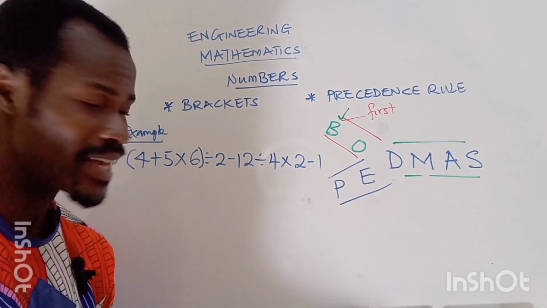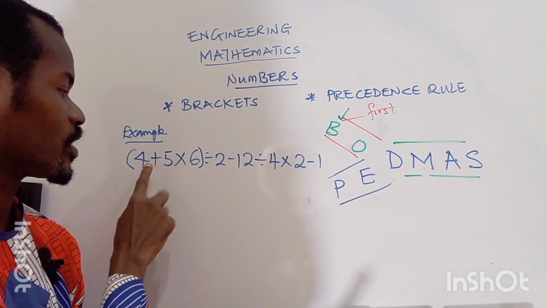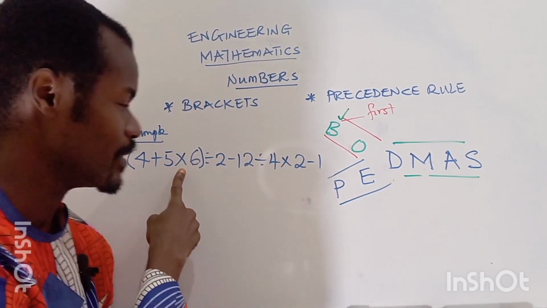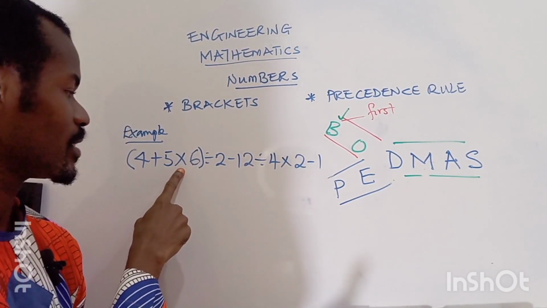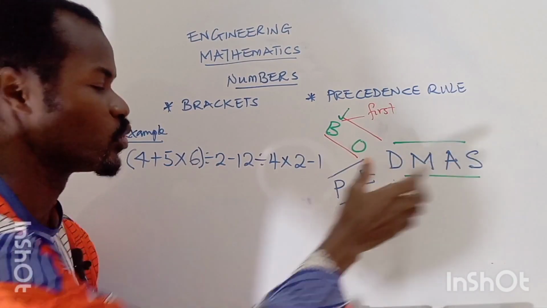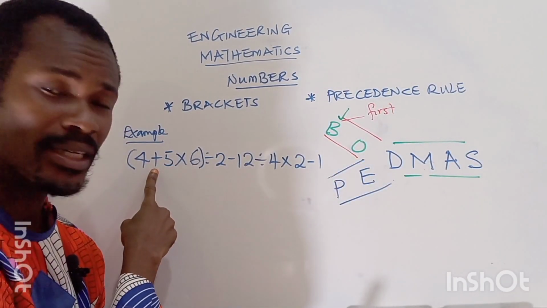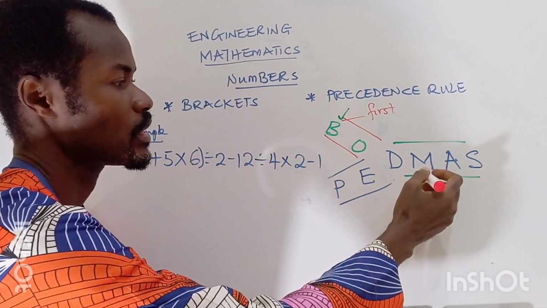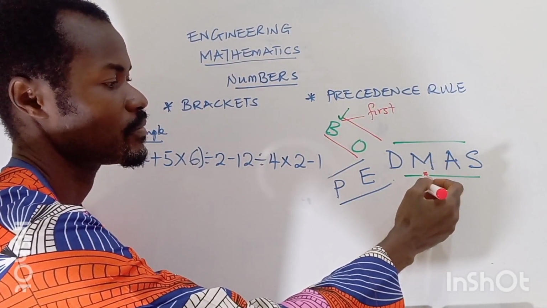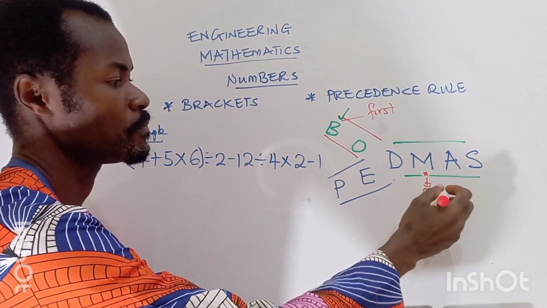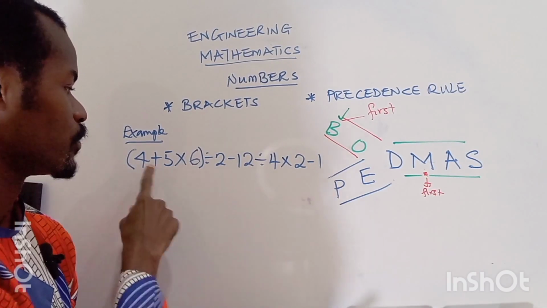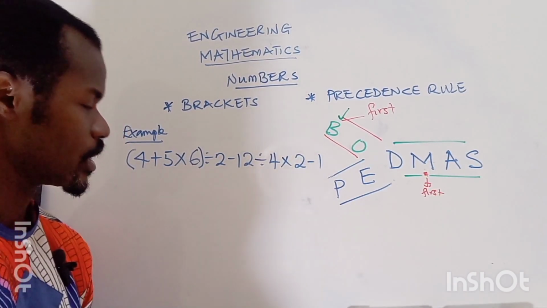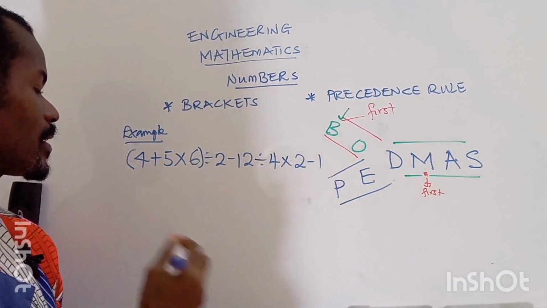Now, even within the bracket, we have two operations, which are plus and multiplication. Now, the question is, you also want to check what to treat first. Now, for plus and multiplication, you always want to start with multiplication first, before the addition. So let's see what that gives us.